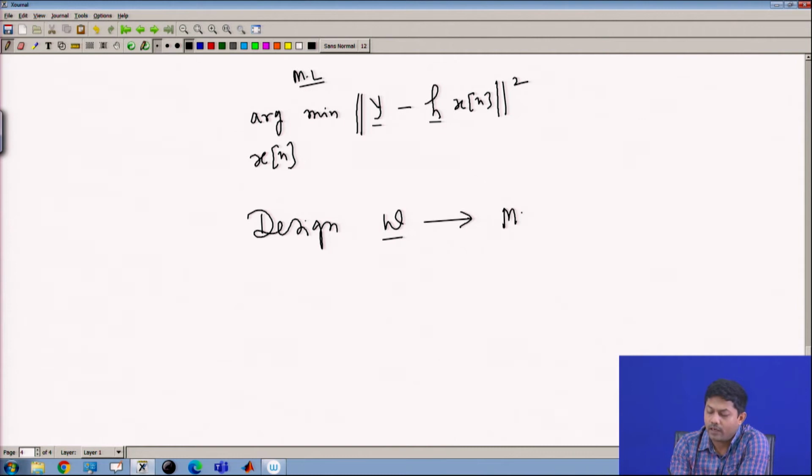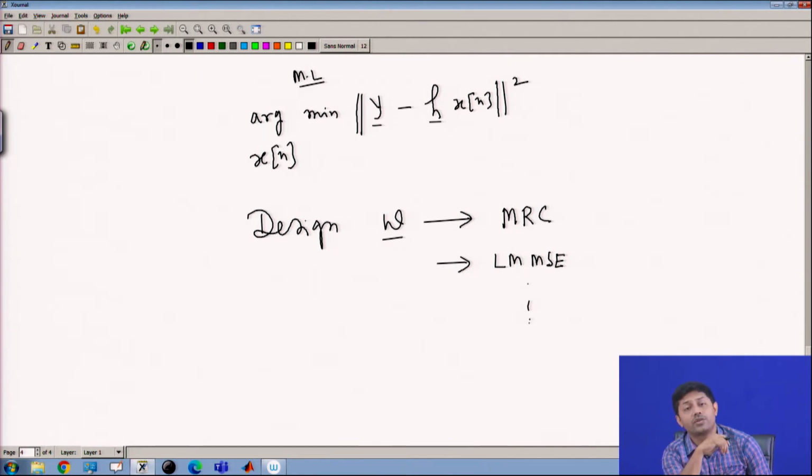One is MRC, maximal ratio combining, it can be LMMSE, and so on and so forth, based on what cost function you want to optimize for. Now, I would prefer any one of them. So, at the end of the day, what is this W? If you do not want to do an ML based decoding, sometimes it may be slightly tougher from a search point of view.